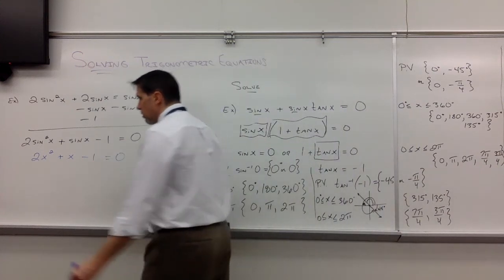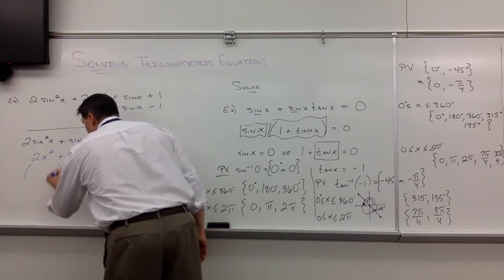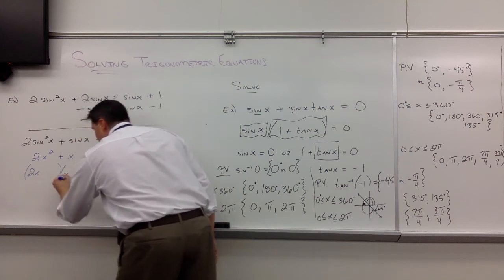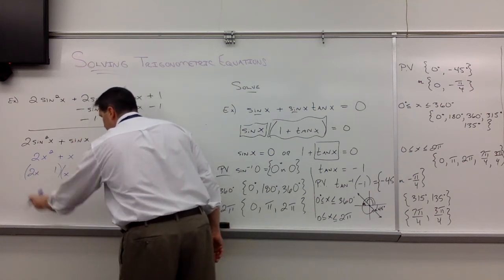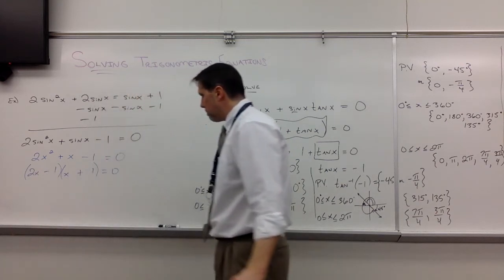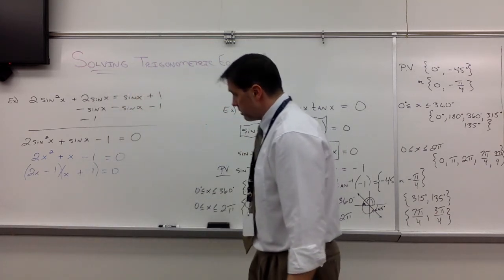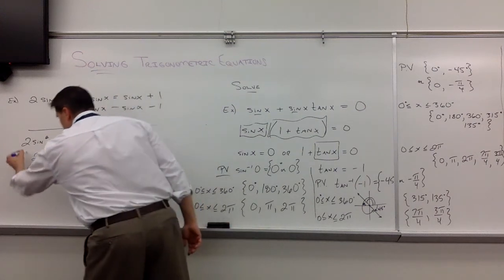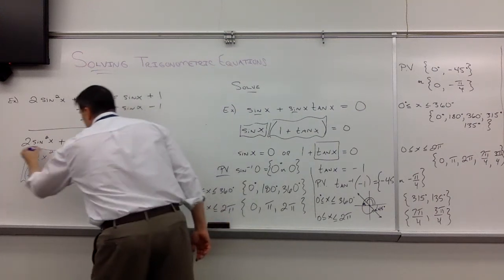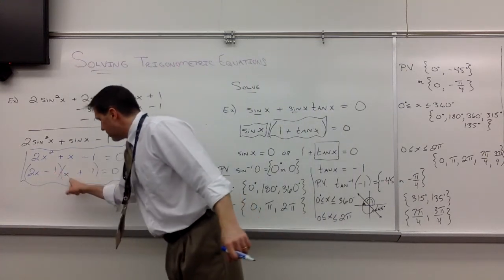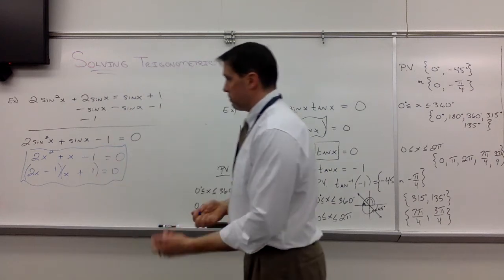Well, this quadratic equation does factor. How? Well, it'd be a 2x and an x, a 1 and a 1. Outer, we'd need a positive. Inner, we would need a minus to get a positive x. And then we would just set our factors equal to 0. The one above it should be pretty similar. Just replace your x's with sine of x.